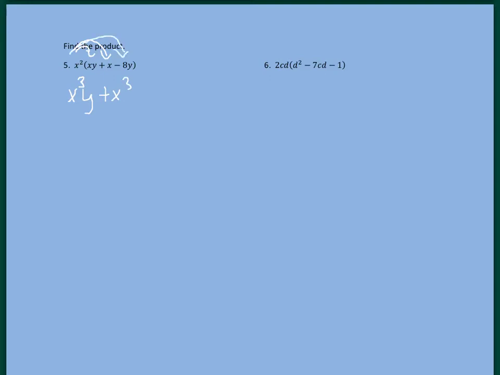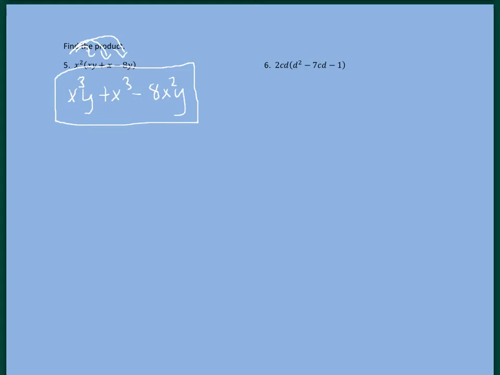X squared times negative 8y, negative 8x squared y. See how I wrote that alphabetically? That's how it goes. So there it is. Now, I cannot combine this with this, because yes, they both have x to the third, but the second one doesn't have the y as well.